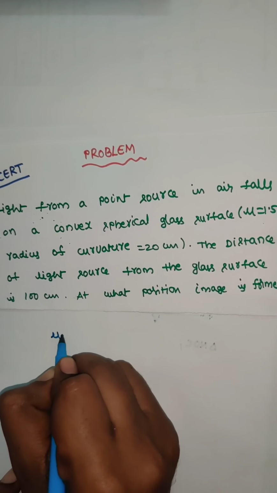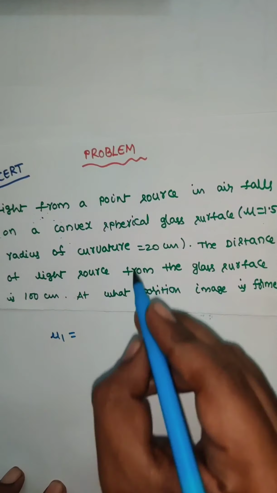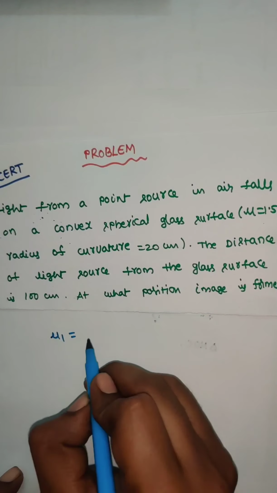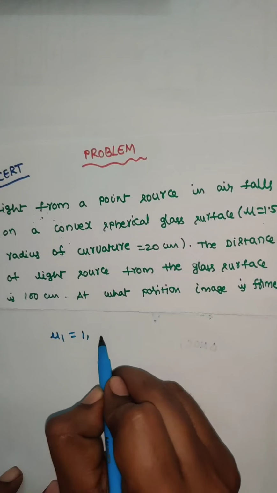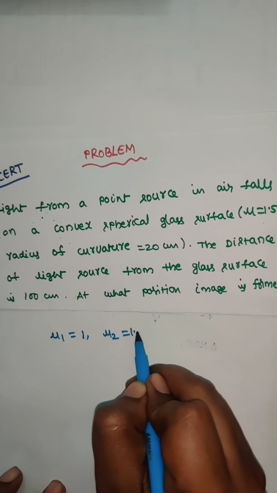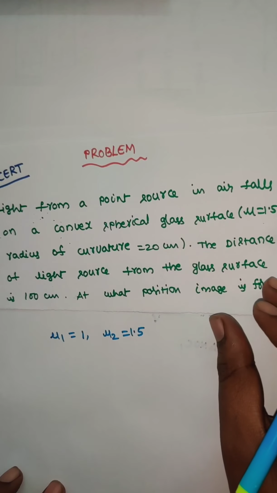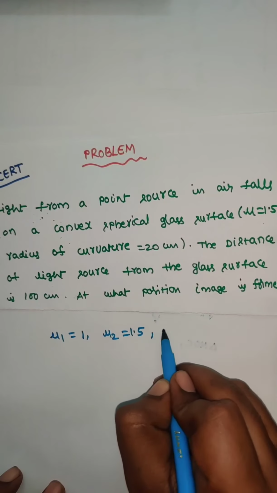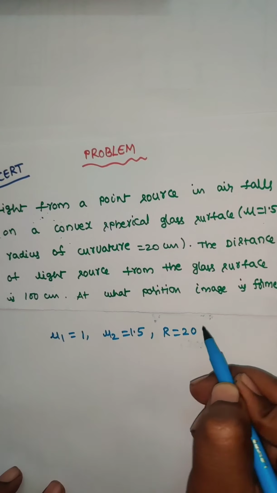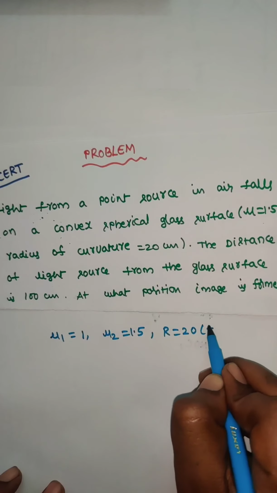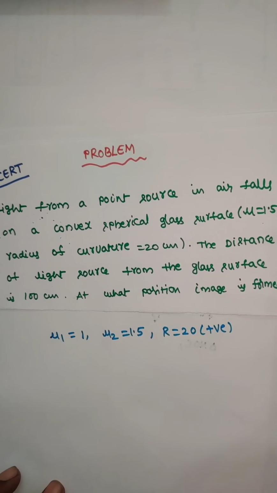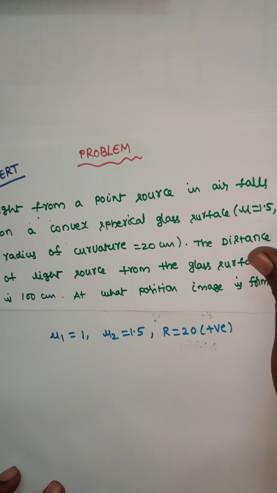Given data: air, the rarer medium, so mu1 value is 1. Mu2 value is given as 1.5, and the radius of curvature is 20 centimeter. R is equal to plus 20 centimeter, because this is a convex spherical surface.